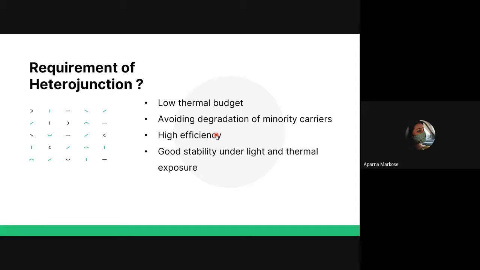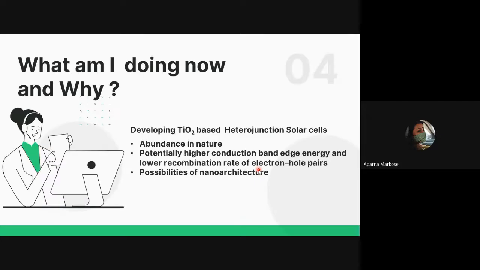But when it is thin, the recombination is very low, because the length it has to travel is less. So you will get more electrons out of your solar cells. More electrons means more current, and it also has relatively high efficiency and good stability under light and thermal exposure. So there are side effects also, but we will discuss that another time.